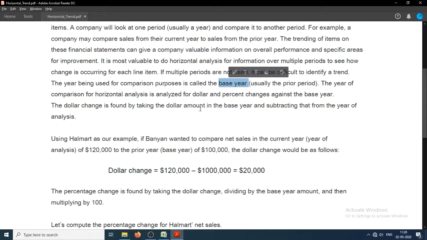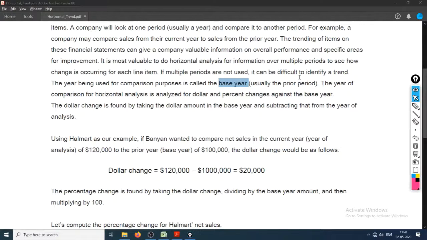So base year is basically, I'll write it for you, base year equal to normal profits and loss.